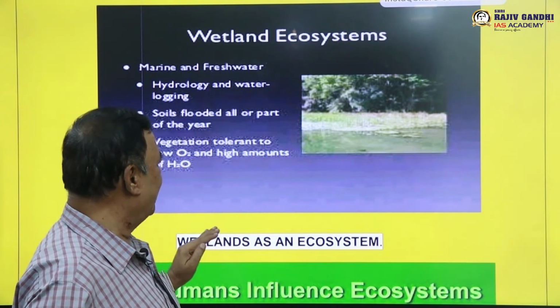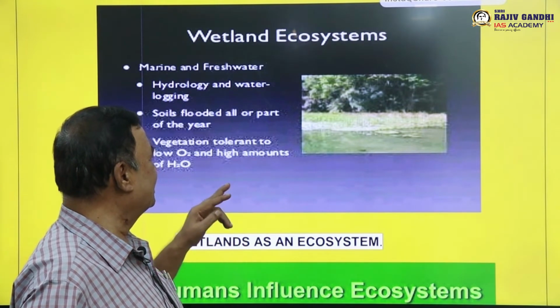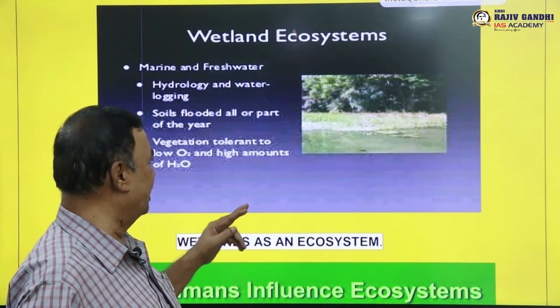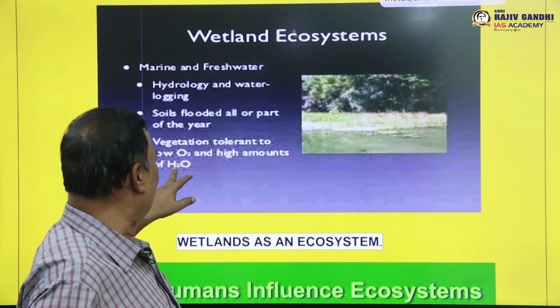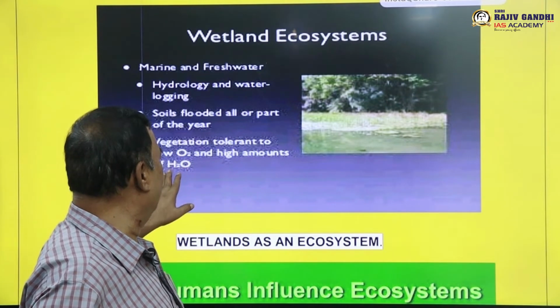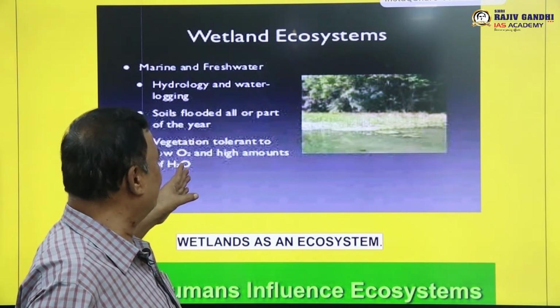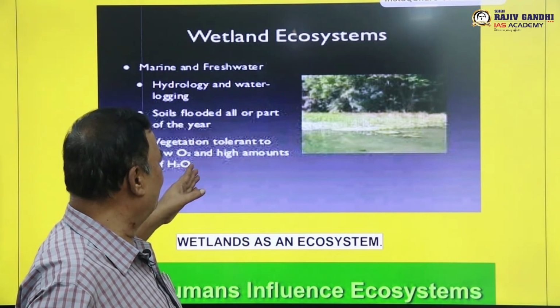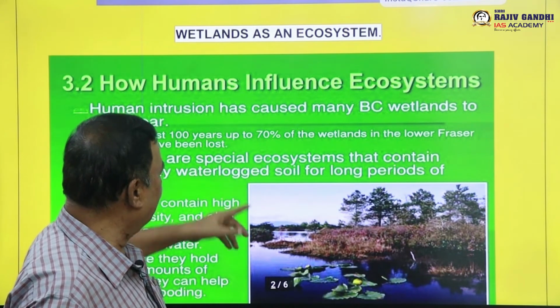Even if the oxygen level is low in the water, this vegetation can grow. Best example is mangroves. Low in O2, high in H2O. So more water should be there, and even if the oxygen amount is less in the water, it can grow. This is wetland as an ecosystem.